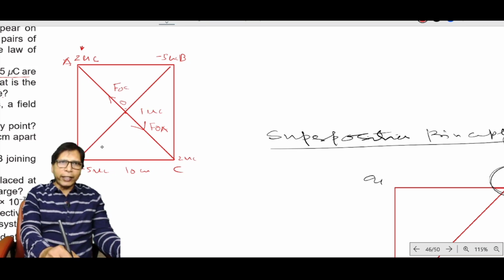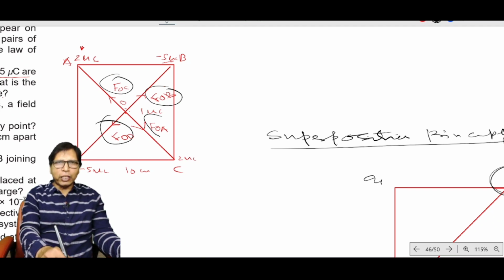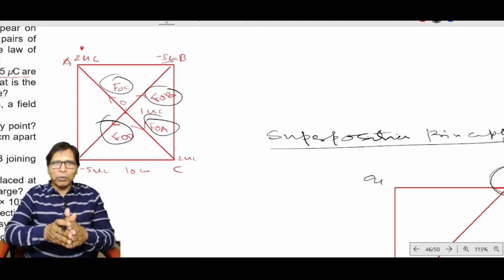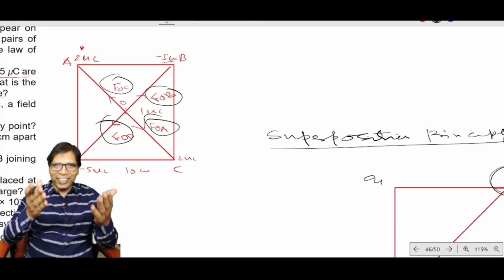In the same way, the force on O by the 5 microcoulomb charge is directed in this direction, this force is FOD, and the force on the 1 microcoulomb charge by the other 5 microcoulomb charge, FOB, is directed in this direction. This force and this force cancel out, so the net force acting on it is 0.